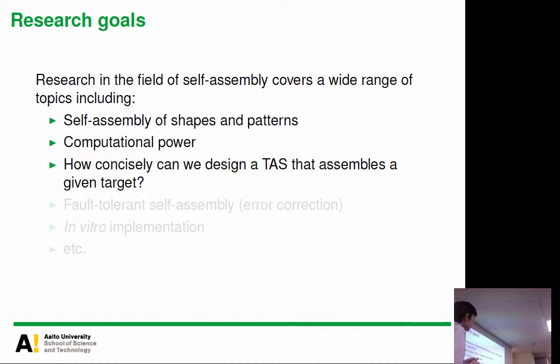So if somebody says, I have a system with 100 different DNA tile types which makes a square, versus somebody says, I need only 7 tile types which makes the same thing, then of course you should choose the latter one, because we need to design just 7 different tile types instead of 100. So that is the motivation for optimization in this research program.